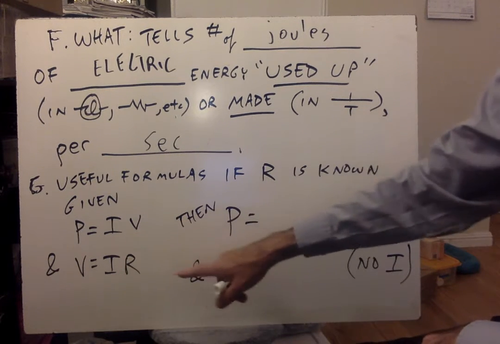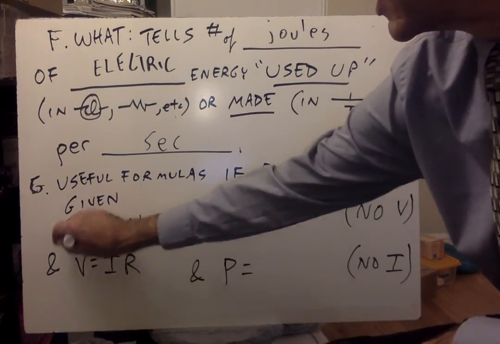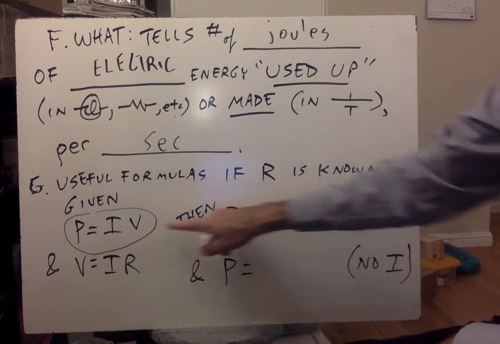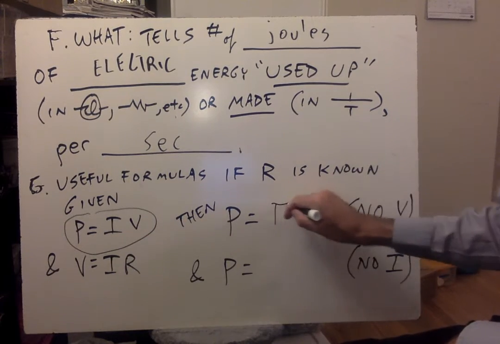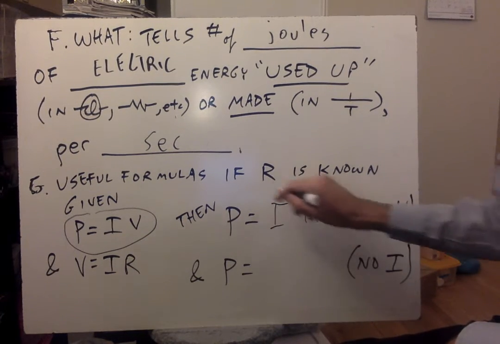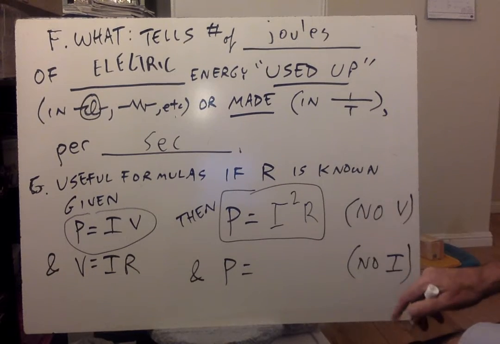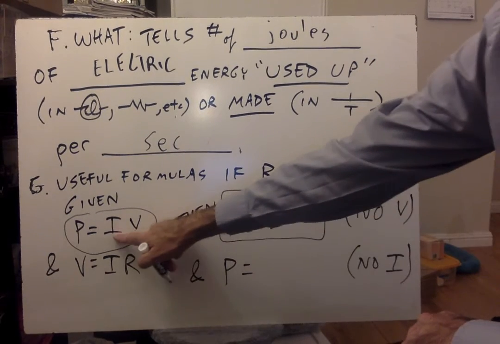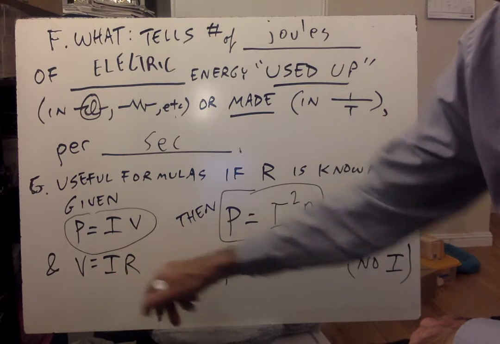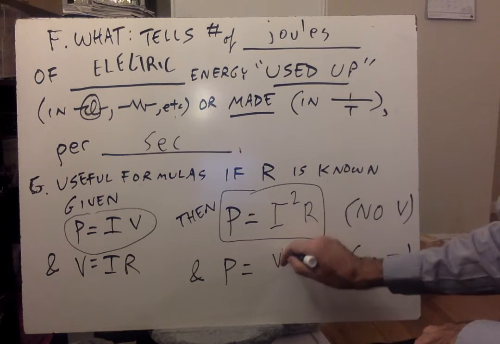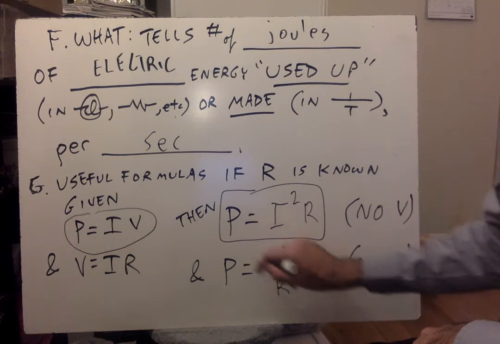We want a formula for power, so of course we're going to start here. And no V means we need to eliminate the V. V equals IR, so we'll replace the V with that, and we get I squared R. And then the second one, we'd like no I, so we'd like to replace the I with what it is here. So we solve this for I, plug it in up there, and we get V squared over R.